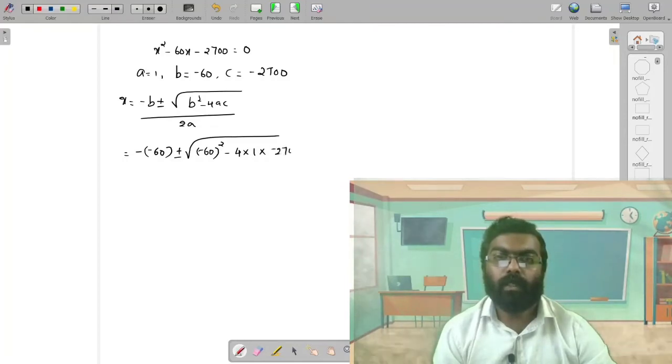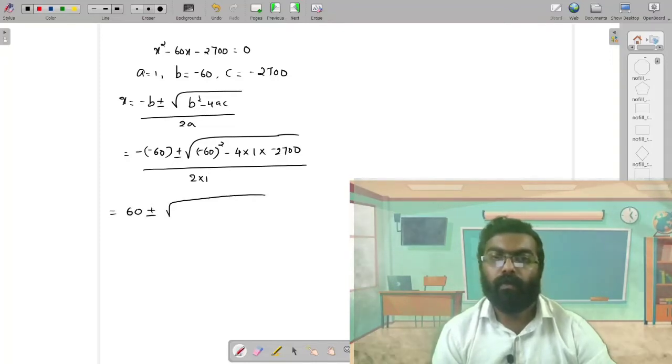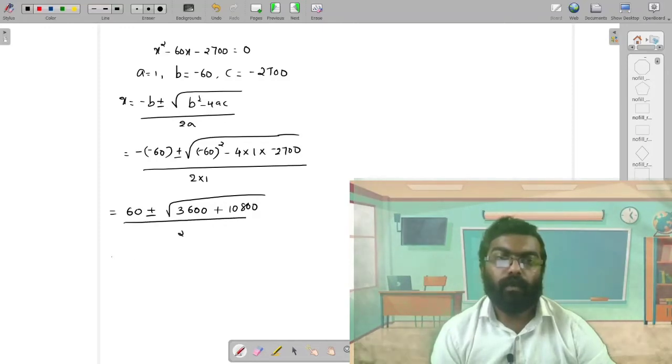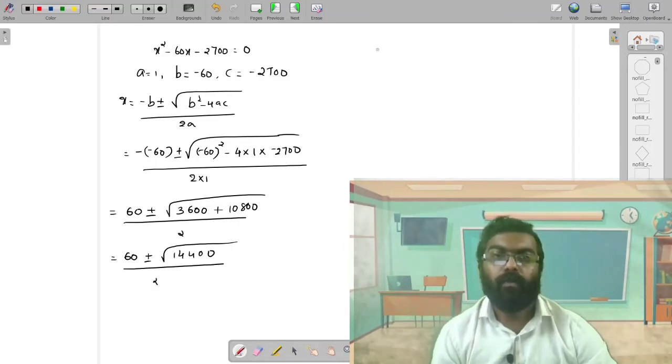minus 2700, whole divided by 2 into 1, that is 60 plus or minus root of 60 square, 3600, then plus 4 into 2700, and it is 10,800, then whole divided by 2, that is 60 plus or minus square root of, on adding we get 14,400 divided by 2.